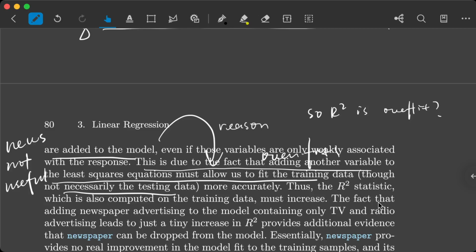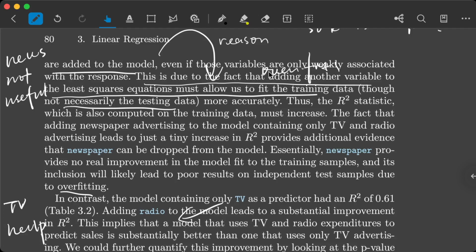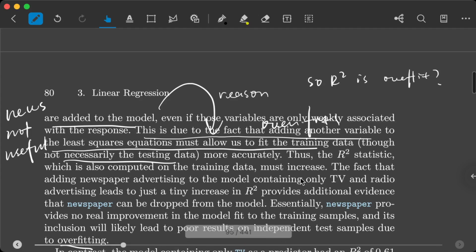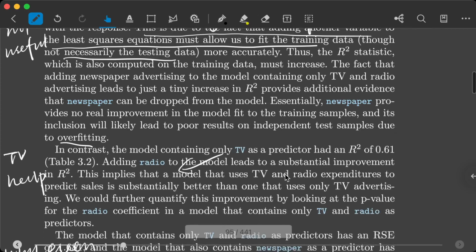Even when we inject some noise, it can offer some information for the prediction, because the model can try to remember noise that is connected to the prediction results. In this case, it can help to decrease the training error. That's why we call it overfitting. When we introduce predictors that are just noise, we can still get a lower training error.